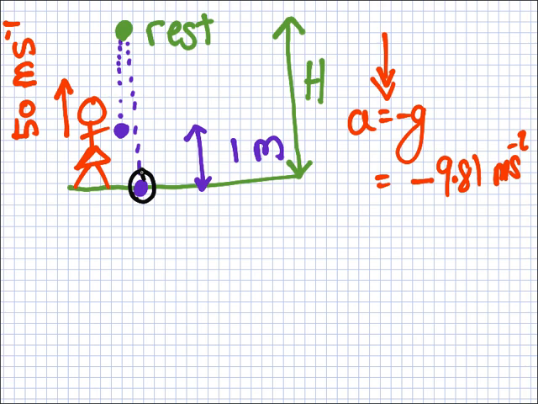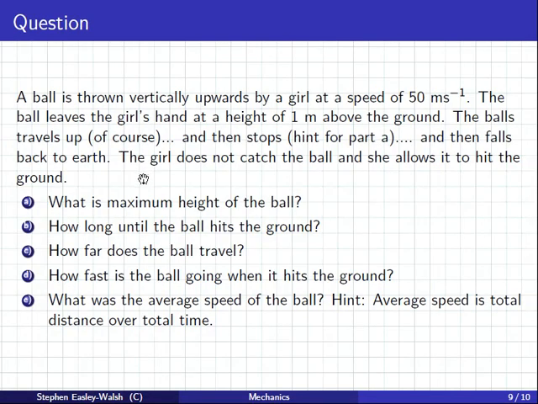In the question, they said it falls back to earth and then she allows it to fall on the floor, which means it was somewhere before she allowed it to fall on the floor.